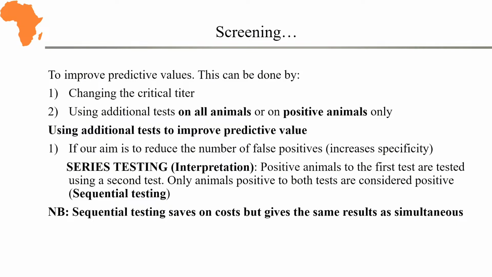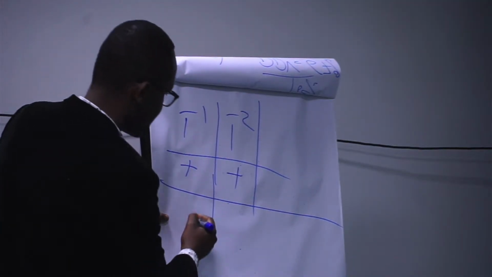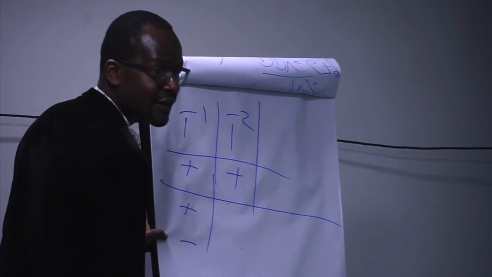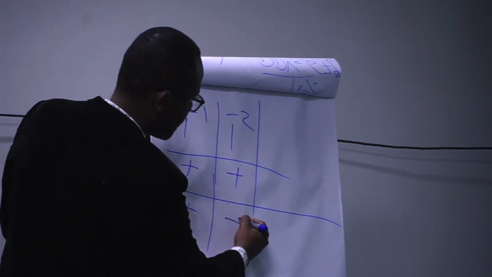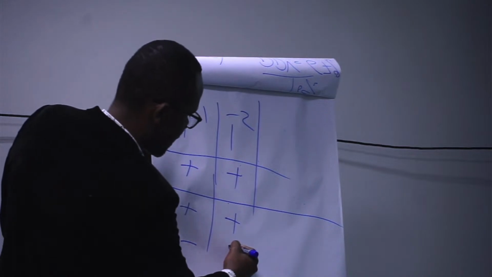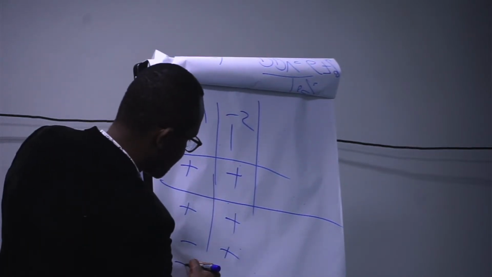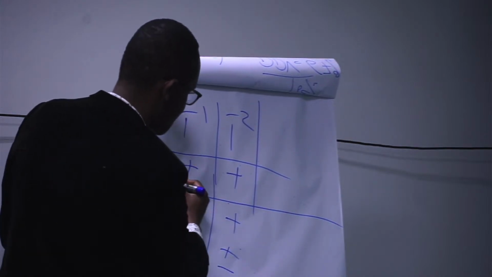So scenario 1 is only those who are positive get subjected to the second test. In scenario 2, everybody, that includes those who are positive and those who are negative, is tested. The end result is they can be positive here and positive here, right? Or they can be negative here and negative here.